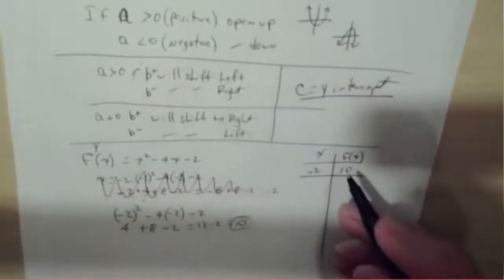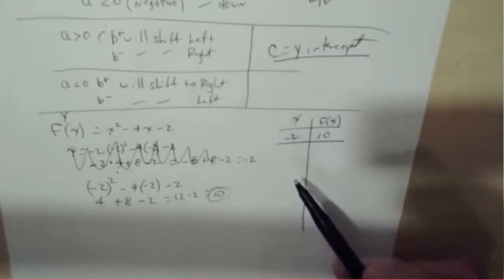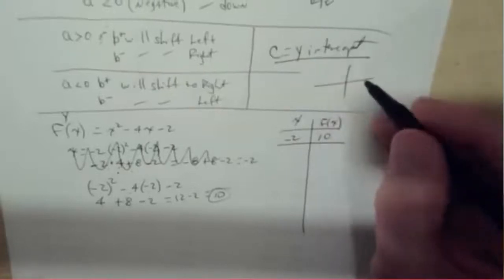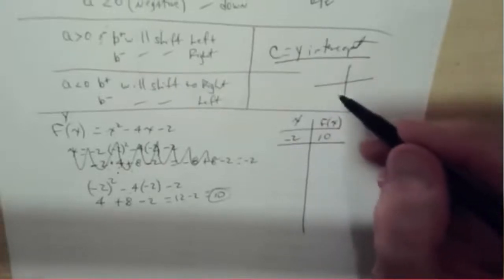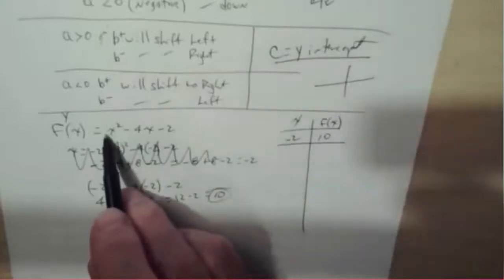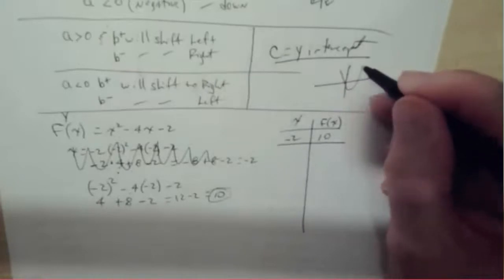Okay? So what we have to do here is we have to use some negative numbers and some positive numbers, because what we're going to get here is a parabola opening upward, because this is positive, and shifted to the right. It's going to look kind of like that.